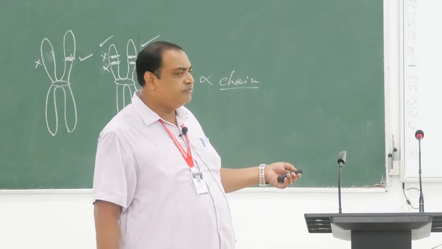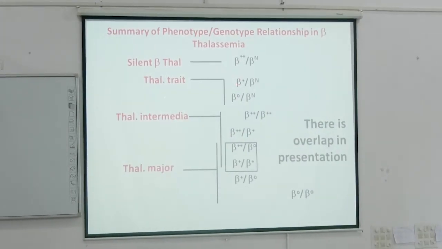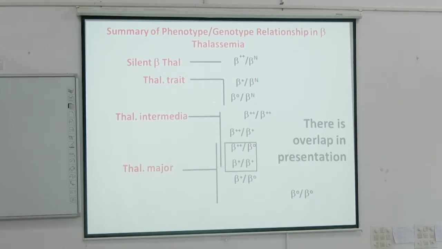2 plus signs mean very less activity. 1 plus sign means little less activity. 0 means no activity. Clear? Thalassemia intermedia. See, now we have intermedia. Both the genes are affected.